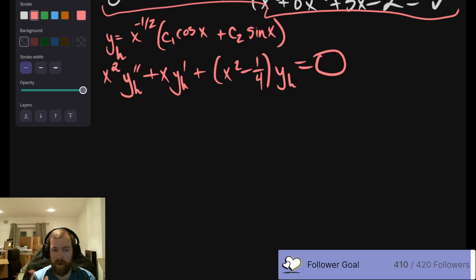And then once one of them gets placed, say this one has to be x to the negative 1/2 times cosine, the other solution automatically gets locked in as x to the negative 1/2 times sine. So there are certain pairings that absolutely have to work together.